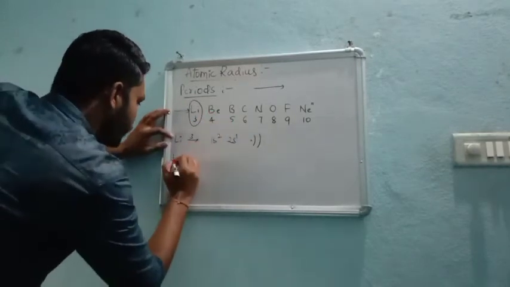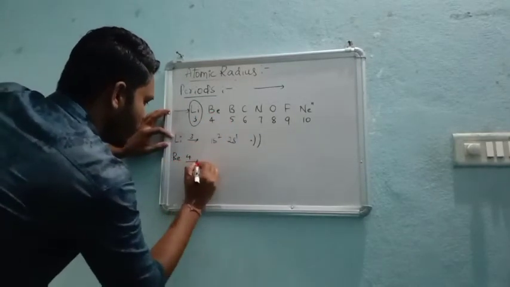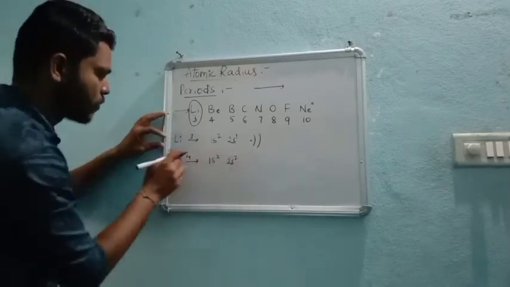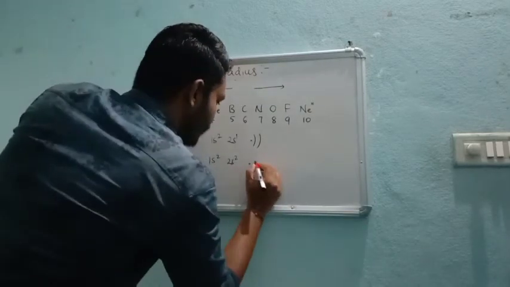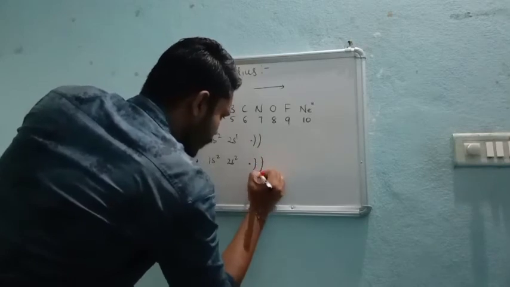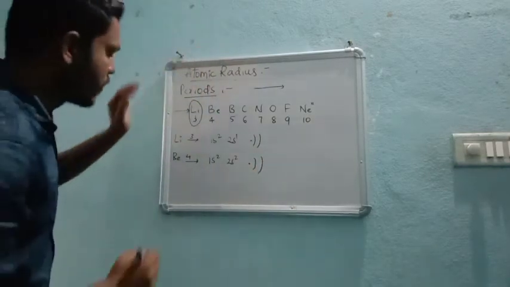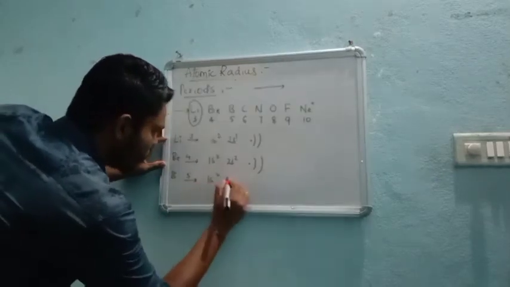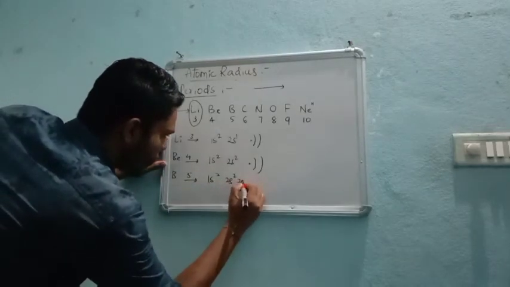Now beryllium, 4: 1s2, 2s2, 2 plus 2 is 4. So the atomic level diagram will be like this. Now again you take the next element, boron, 5: 1s2, 2s2, 2p1.